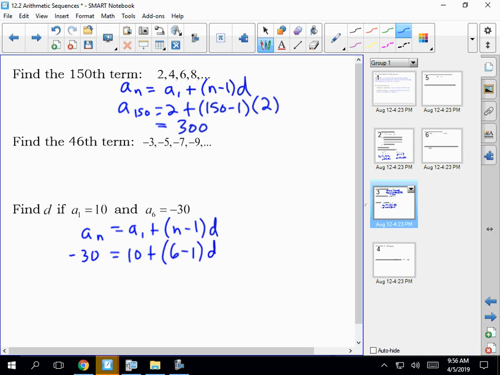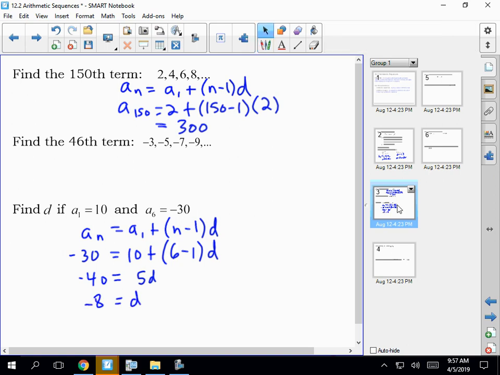And that just leaves d to solve for. So this principle, you got to be able to solve for a sub 1 or for n as well. So if we solve this for d, we get d equals negative 8.